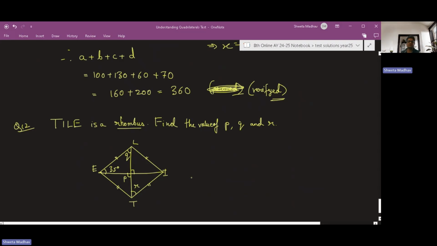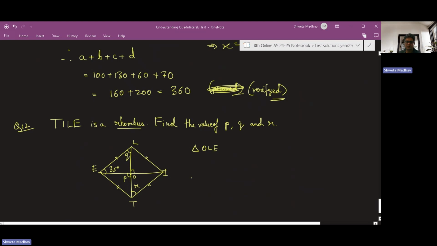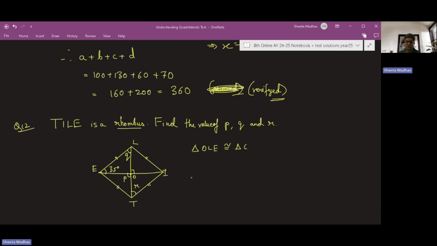So here, as you can see, a rhombus is a type of parallelogram only. Let's say this is point O. You can say that triangle OLE will be congruent to triangle OTI.